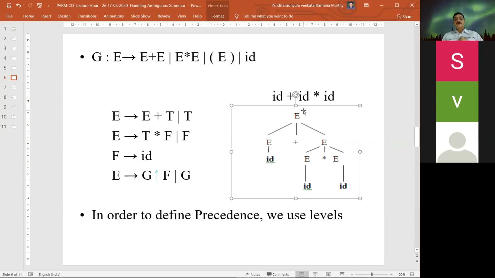Then we can successfully implement precedence between different operations, which we need to apply in defining this particular grammar.